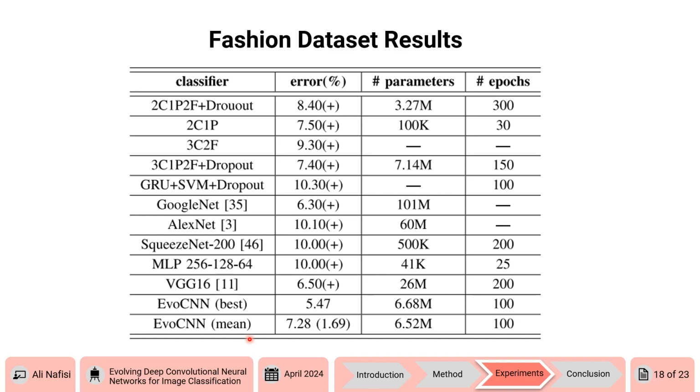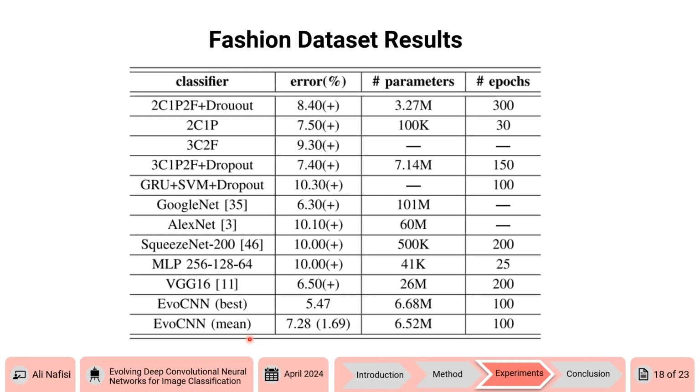Because of the nature of evolutionary algorithms, they are completely random. Everything in them is stochastic, it's not deterministic. And with each run, a different accuracy will be shown.